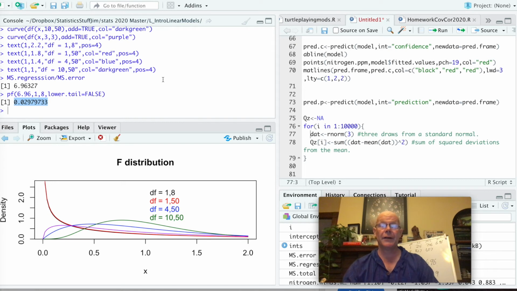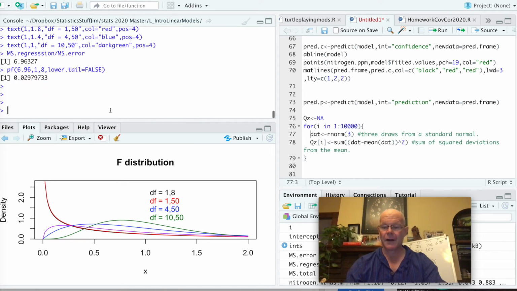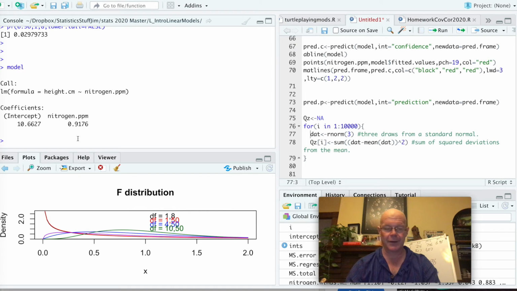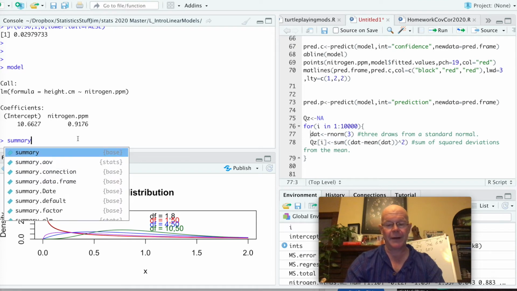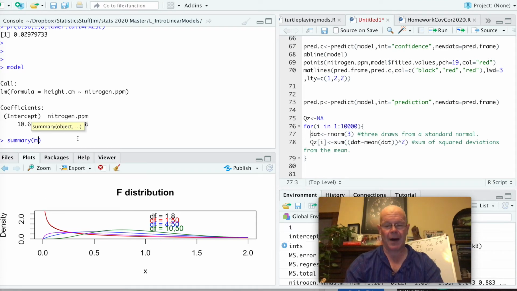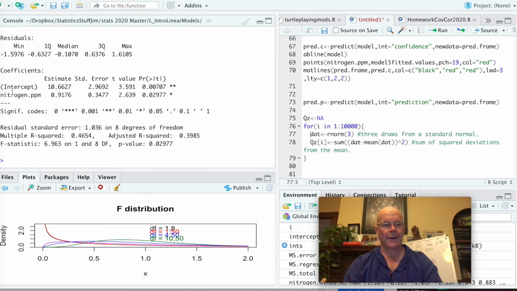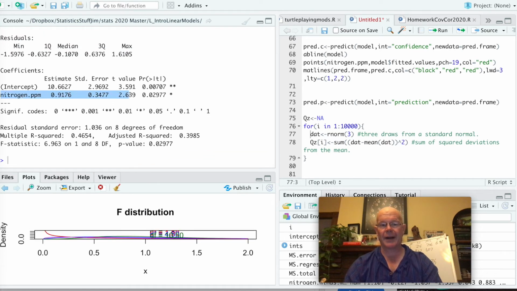And so here's the neat thing. Let's go back and look at our model. There's our model, and we're proud of our model. I love our model. I feel good about it. I'm going to take it for a walk when I get home. And remember that when we did the summary of our model, we got a p-value based upon a t-test.